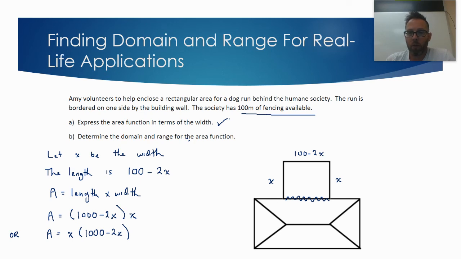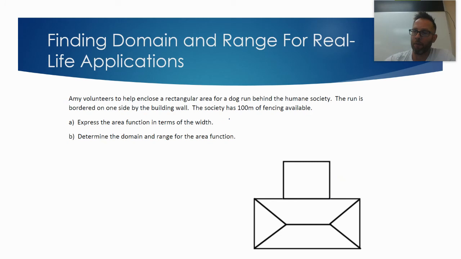Now, we want to determine the domain and range for the area function. So let's go ahead and do that, and I'm just going to do that on a separate slide here. If we recall, our expression was x times 100 minus 2x.